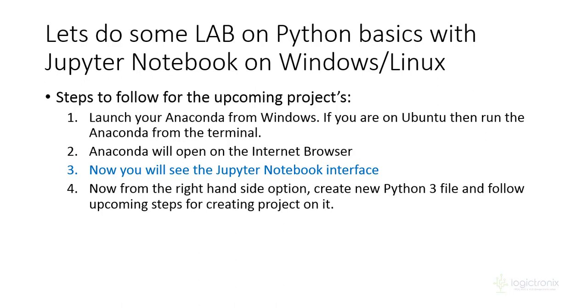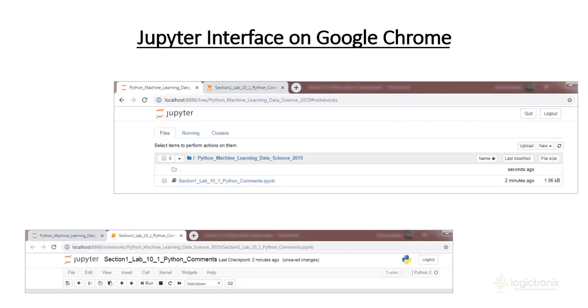You can install Anaconda on your operating system, Windows, Linux, or Mac OS, and launch it. After you launch Anaconda, the internet browser will automatically open and Jupyter Notebook will open there, where we are going to create the Python 3 project.